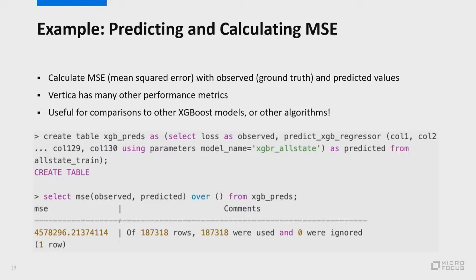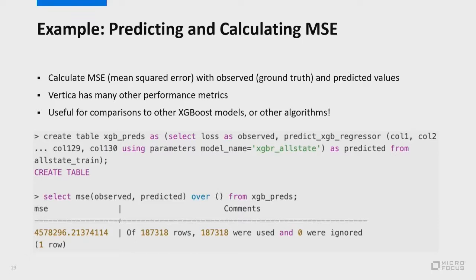Here I've called it XGB_preds, so XGB predictions. Into it, we put the loss column from the data set as the observed or ground truth values, and we predict from our model and store that as a predicted column in our XGB_preds table.